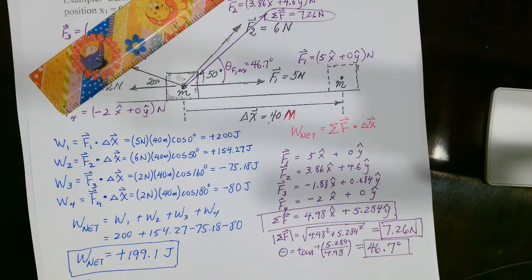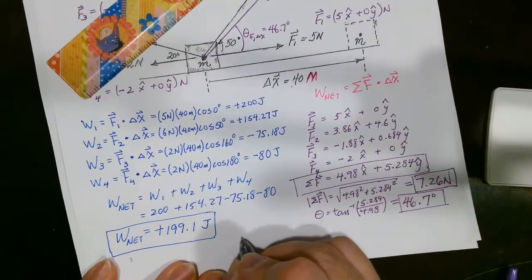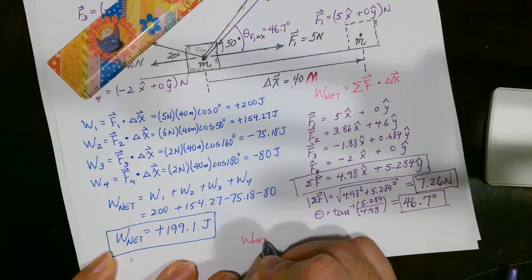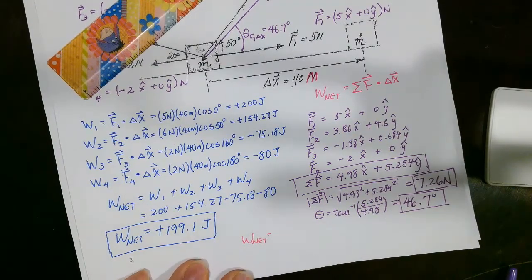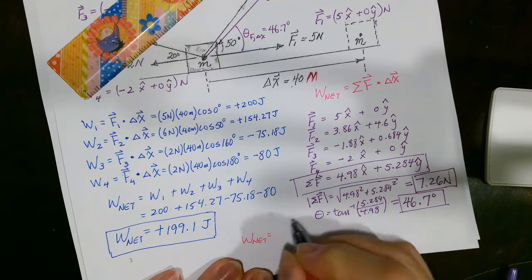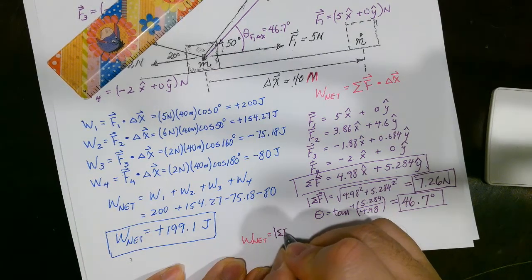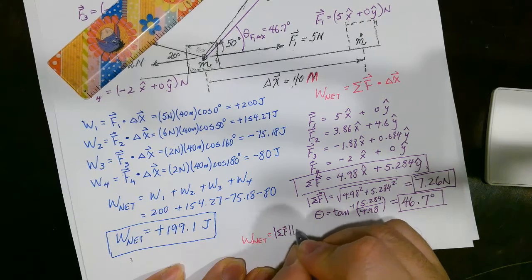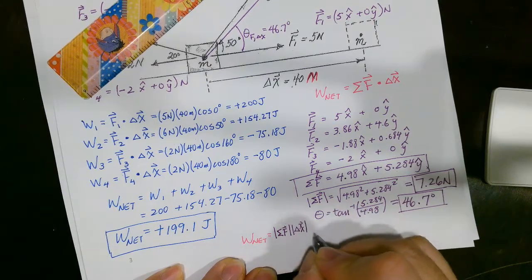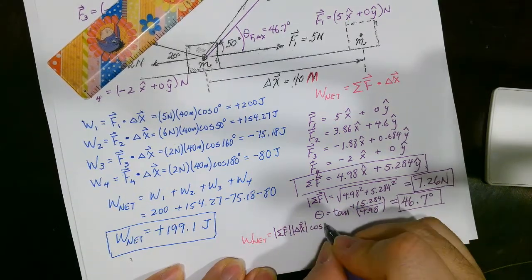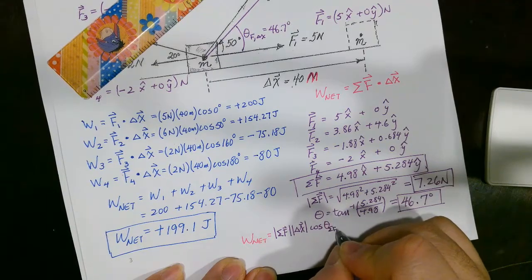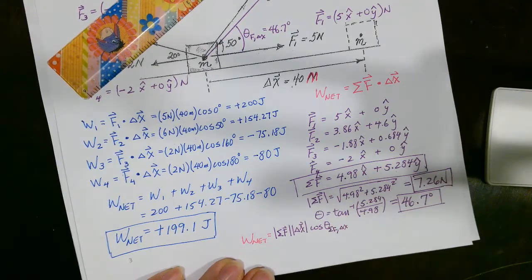So now you can find net work. Work net is equal to the magnitude of F times the magnitude of delta x times cosine of theta between the net force and delta x.